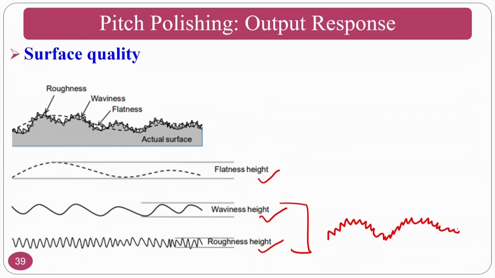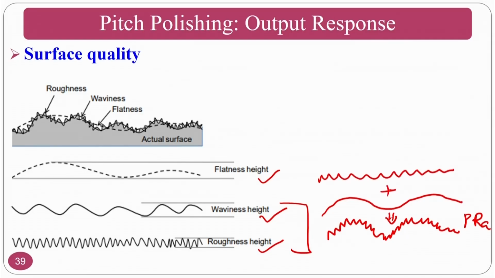This is called profile roughness, normally represented by PRA, which you can divide into waviness and roughness. These two give rise to profile roughness. These are all things I will explain in the upcoming classes, where you should know all the surface properties.